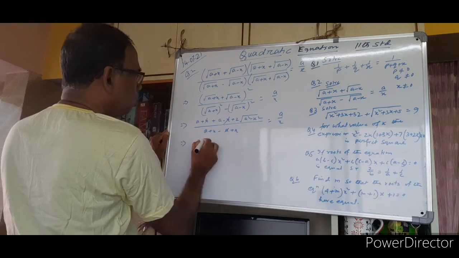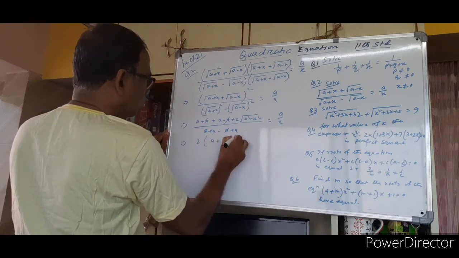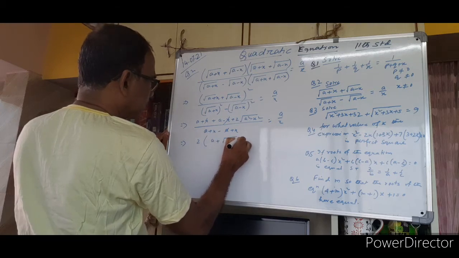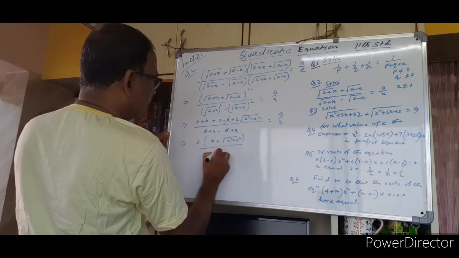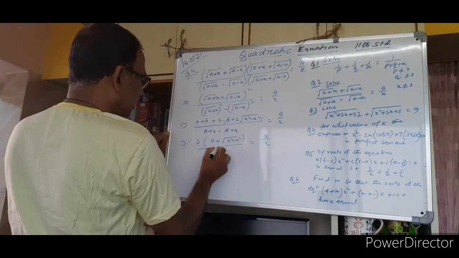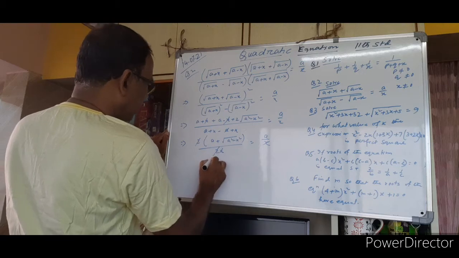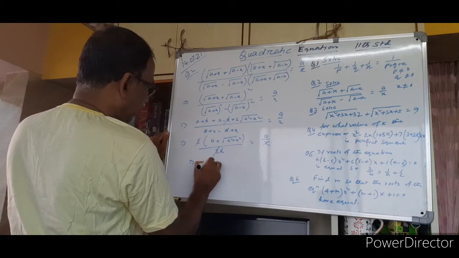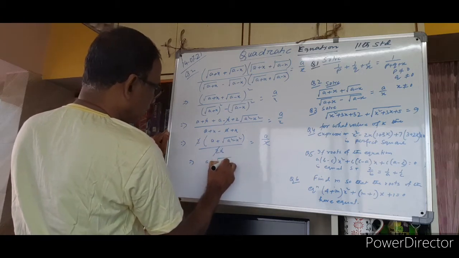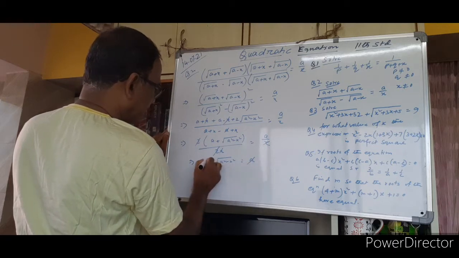That is 2 common, a plus root over a square minus x square over 2x equals a by x. These two cancel, x cancel. Then a plus root over a square minus x square equals a, a cancel.